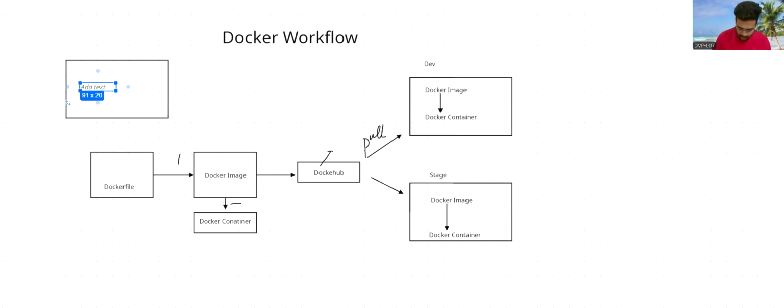Let's say this is my Spring Boot application, and I'm trying to build it. Now I want to Dockerize it. Along with the source code, we are going to commit a Dockerfile with all the instructions, and then we are going to build the Docker image. Out of the Docker image, we do a docker run, and the Docker container starts running.